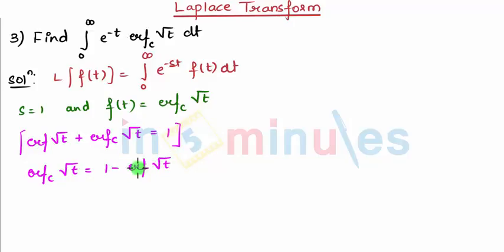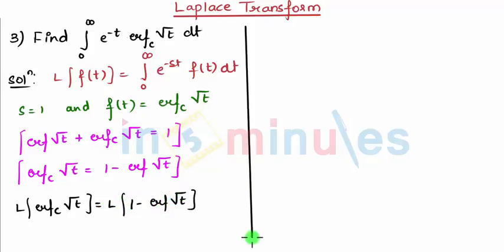So I can say Laplace of ERF c root t is nothing but Laplace of 1 minus ERF of root t, which can be written as 1 by s minus ERF of root t is 1 upon s into under root of s plus 1.